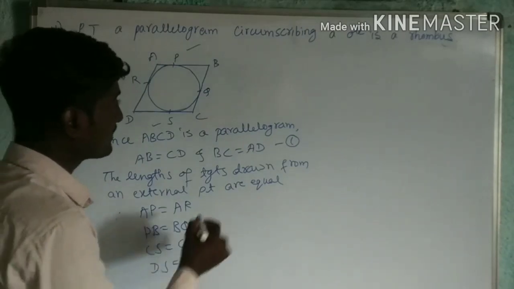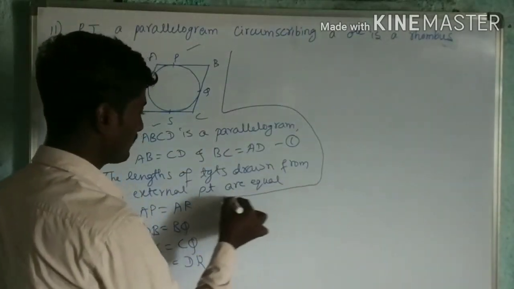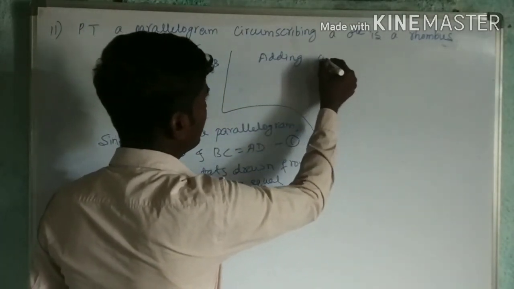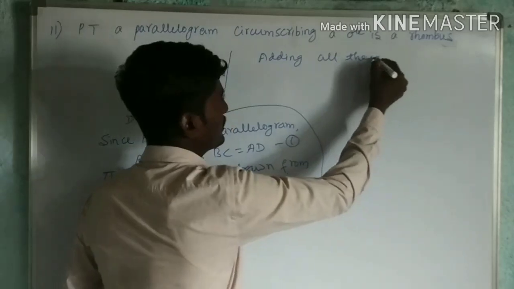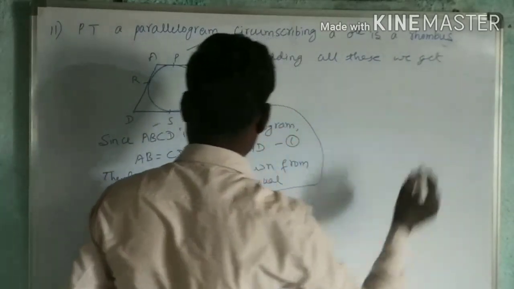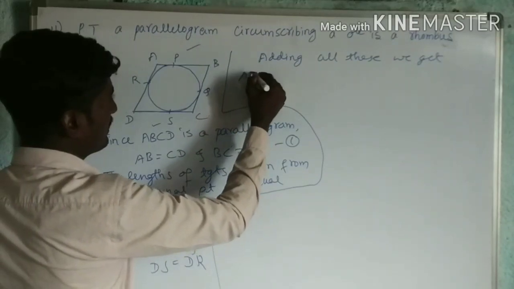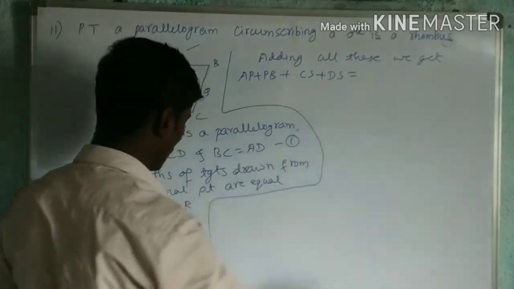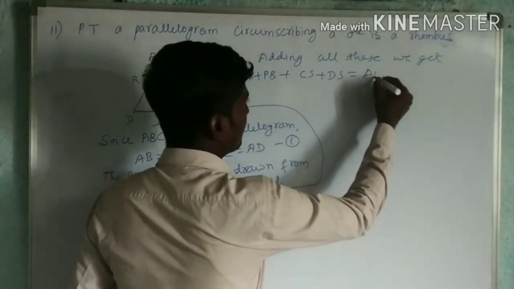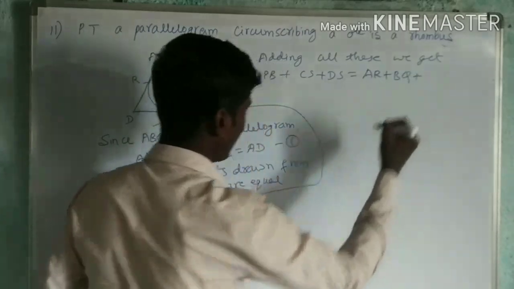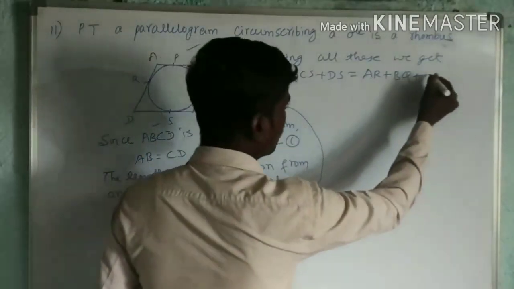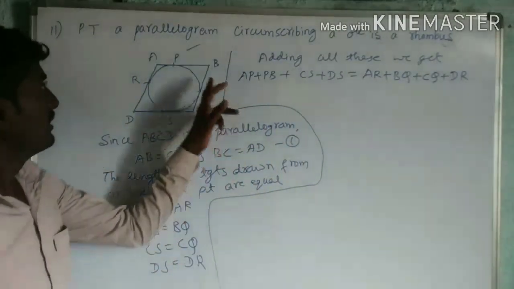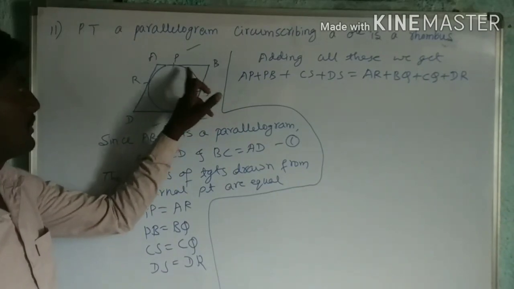Now adding all these, what do we get? AP plus PB plus CS plus DS is equal to the right side AR plus BQ plus CQ plus DR. Now AP plus PB will be what?